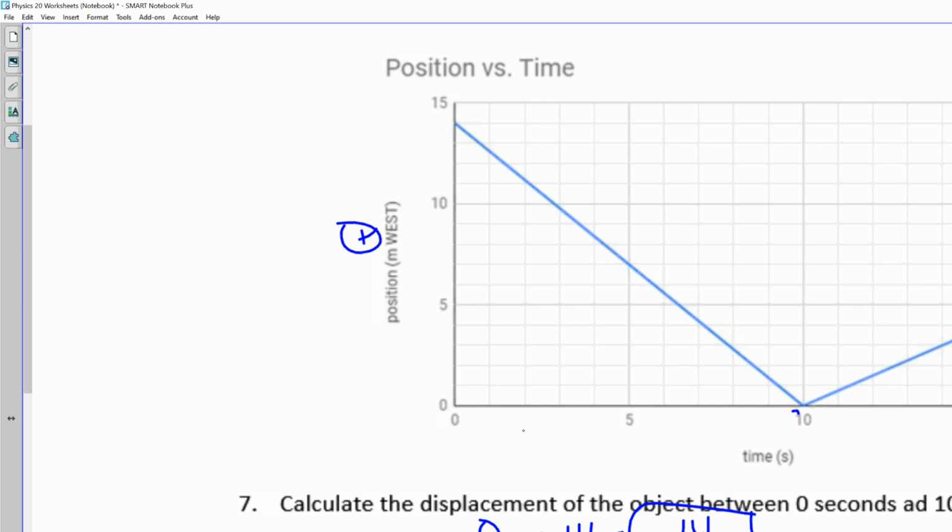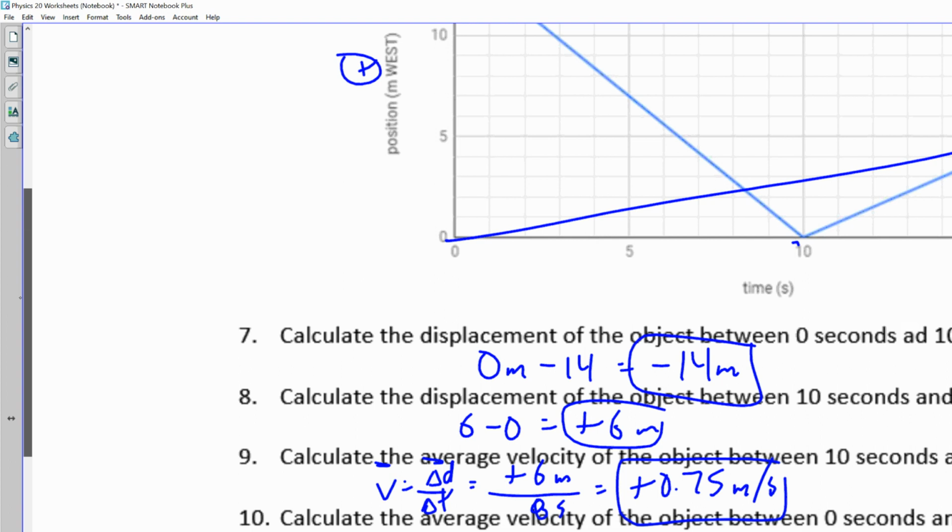And the average velocity between 0 and 18. Oh, I almost misread that. Between 0 and 18. Okay, if you're like Caden, you want to go rise over run, that's fine. Just draw a line from 0 to 18 seconds and then find the slope of that. Or, if you do it like me, you really do the same thing.